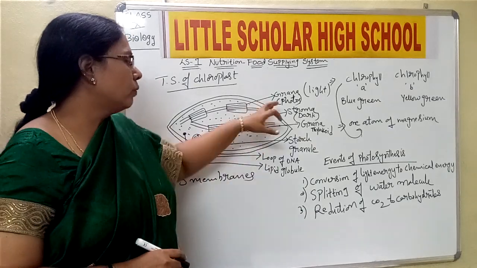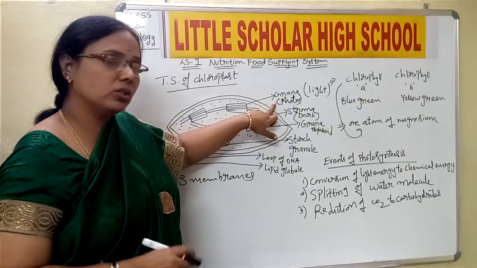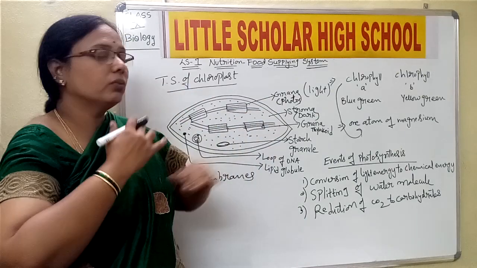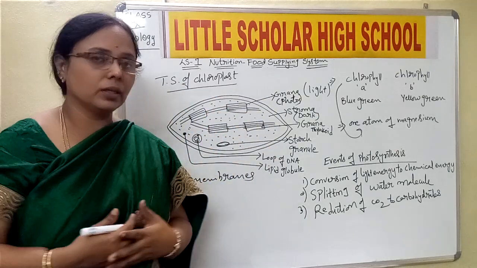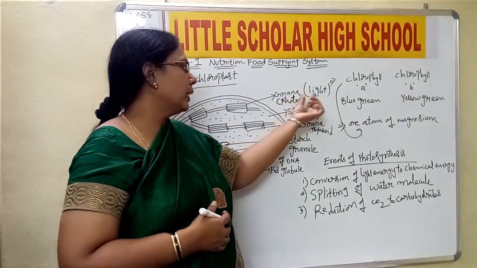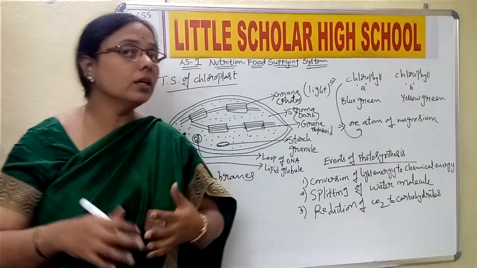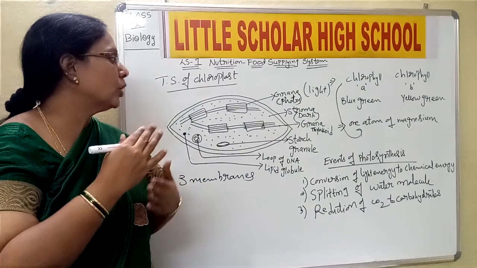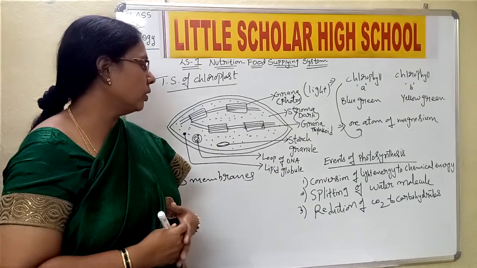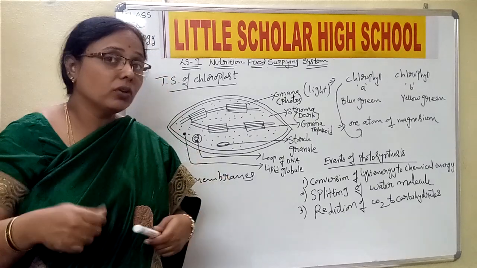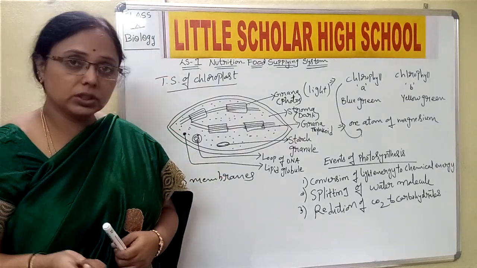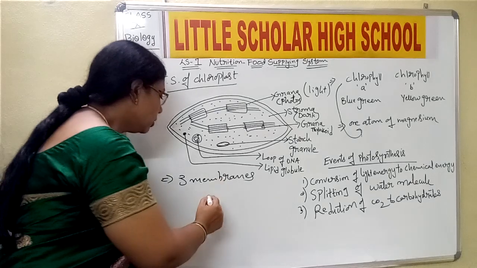The light energy which is absorbed by the grana is converted into chemical energy. We said that there are certain enzymes present in it. Because of this chemical energy, the water, which is one of the essential factors for photosynthesis, splits.